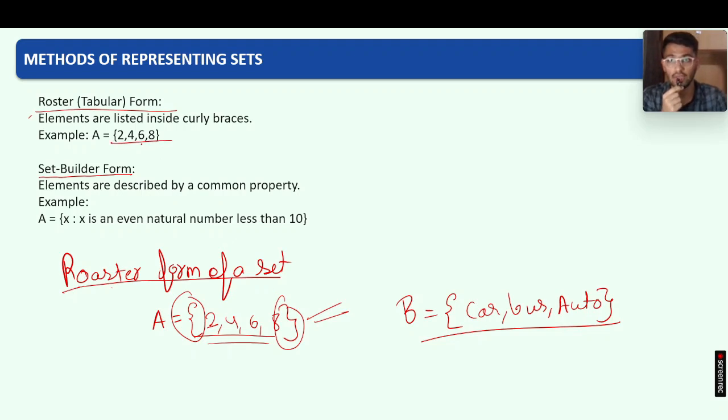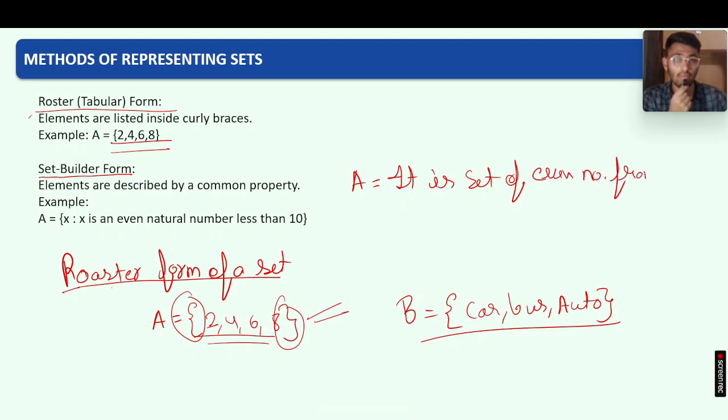As I was saying, A is the set of even numbers from 2 to 8.